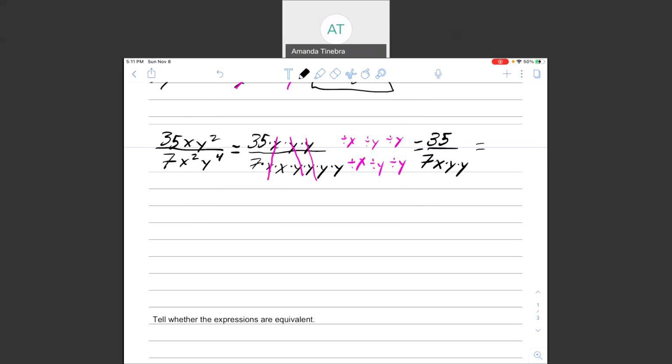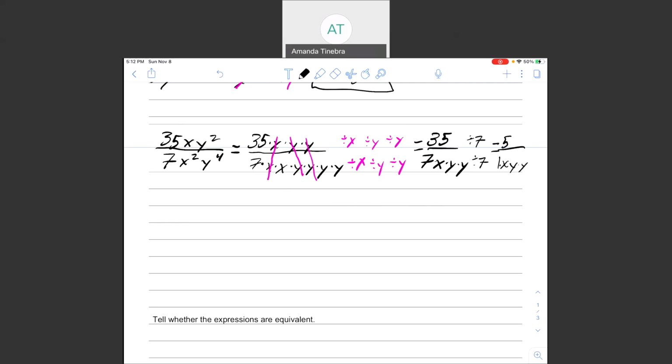Okay? However, I see that 35 and 7 can also be simplified. Both of these numbers are divisible by 7. 35 divided by 7 is 5. 7 divided by 7 is 1. I have x, and I have 2 y's.